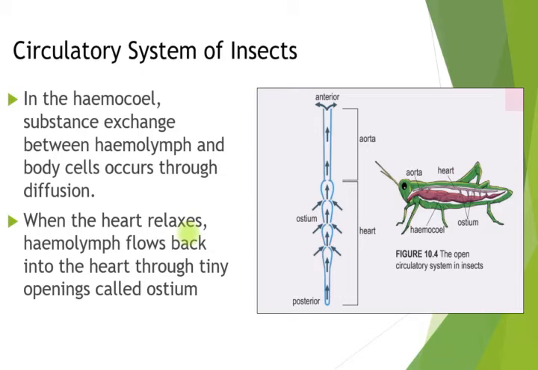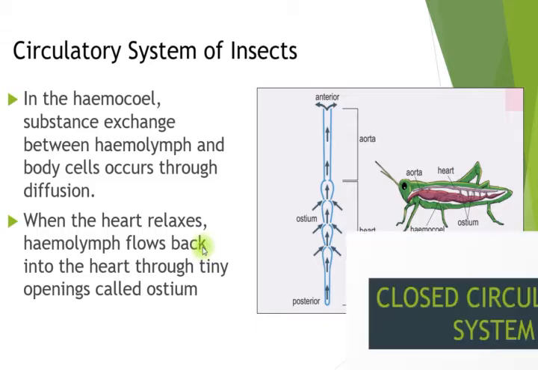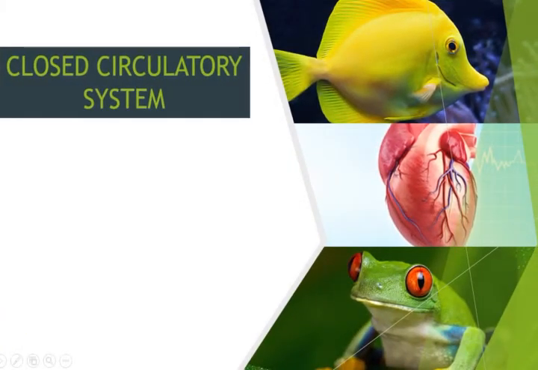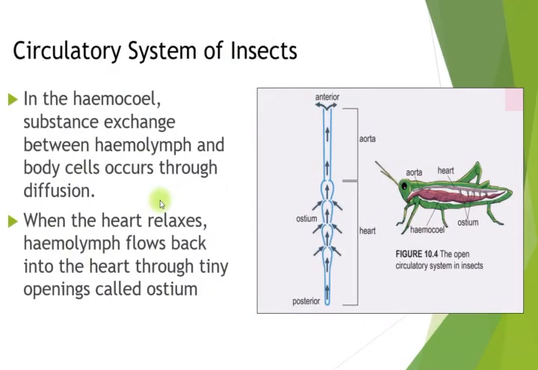Then the hemolymph flows back into the heart through tiny openings called ostia. So this is what happens when the heart is relaxed. That is the open circulatory system of the insect.